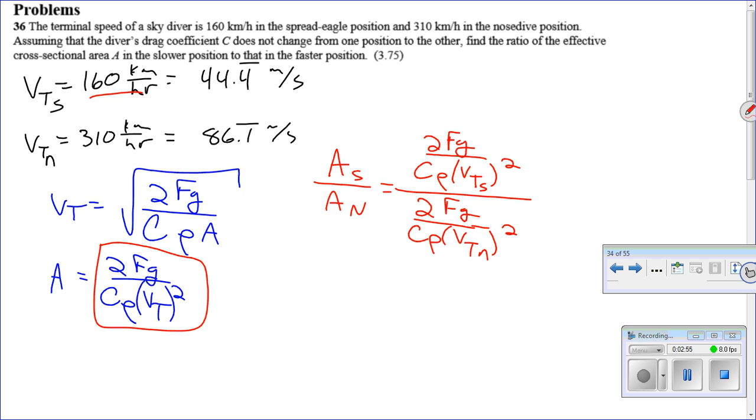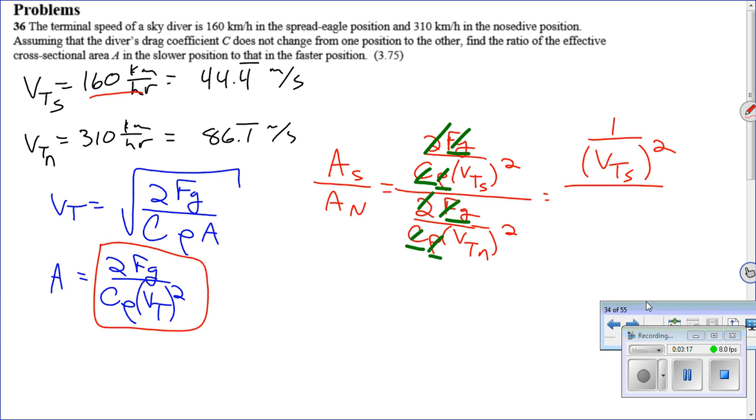So it's important to notice that these forces of gravity are equal, these coefficients are equal, and the density of the air hasn't changed. So everything here kind of cancels out. If you cancel everything, the 2's cancel, these cancel, everything cancels except for your terminal velocities. So you end up getting 1 over VTS squared over 1 over VTN squared.